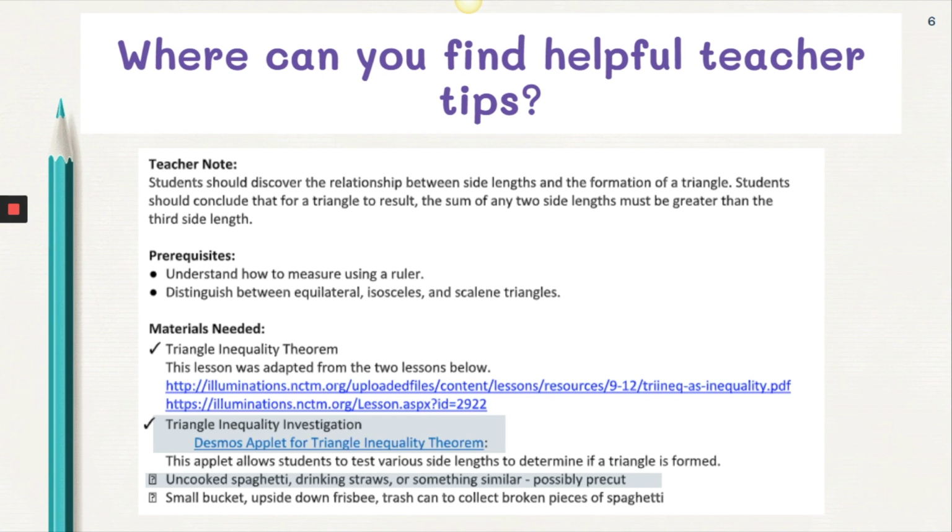And it's harder for them to discover this theorem because they don't have any that are either super short or super long. And so if you do let them break the spaghetti, I would make sure to give them some kind of guidance to say, make sure you have one that is 3 centimeters or less, or maybe 10 centimeters or more, something like that, so that they have some pieces that may not form a triangle.